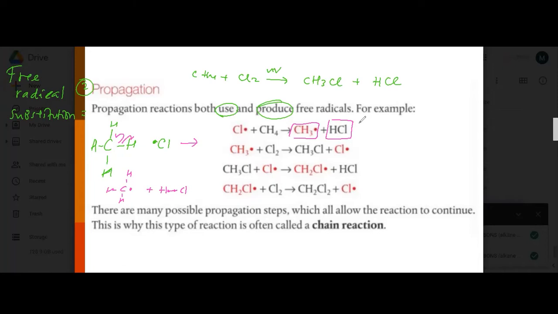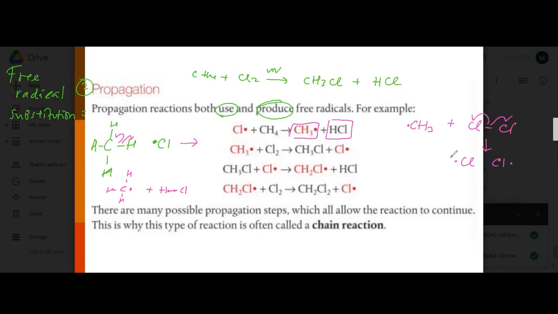Understand? Because CH3 is also a free radical, it will try to find another electron as well. So it will attack another chlorine molecule, which is still neutral. The CH3 free radical attacks the Cl2, so homolytic fission occurs again, forming a Cl radical.